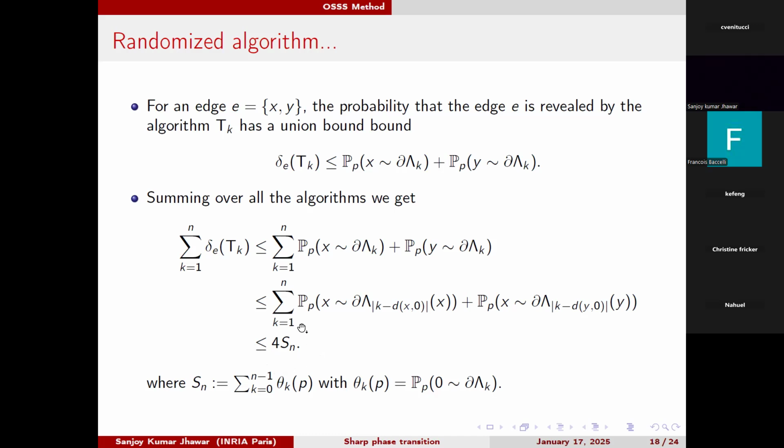Sn is nothing but the sum of the probability that you have a path from the center, that is the origin, to the boundary of box lambda k. So you can keep on having this type of inequality to get an upper bound for the sum of the revealment probability.